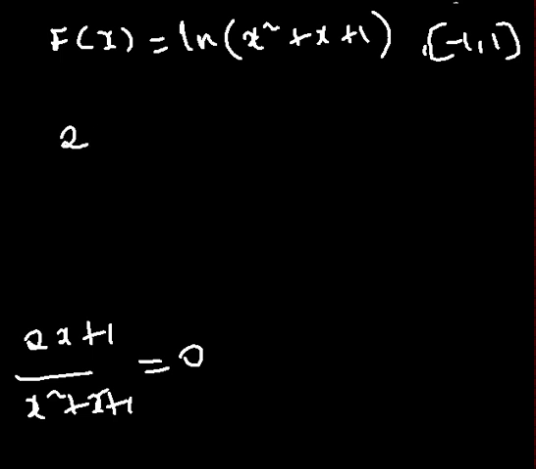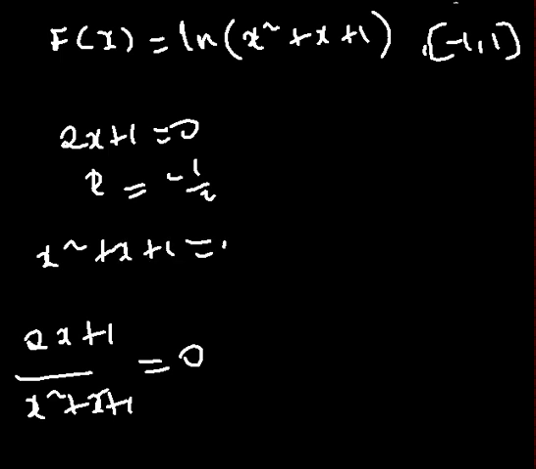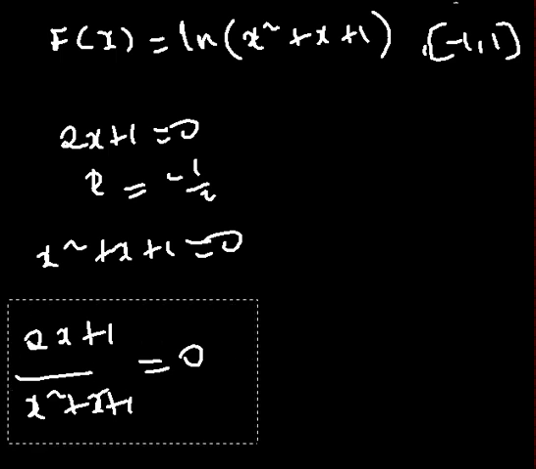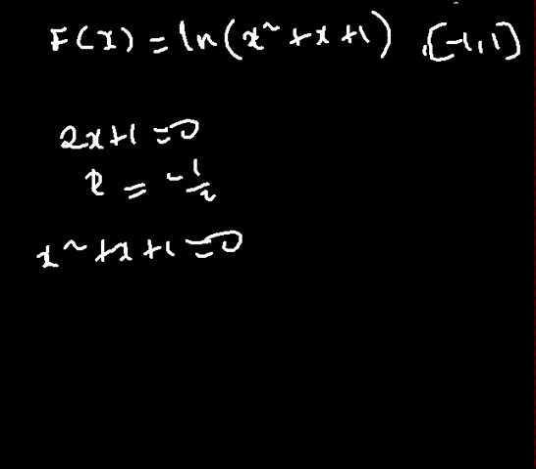Which means we have 2x plus 1 is equal to 0, and therefore x is given as negative half. And you should also have x squared plus x plus 1 is equal to 0. And how do you think you should have this? Let's think of using the quadratic formula.